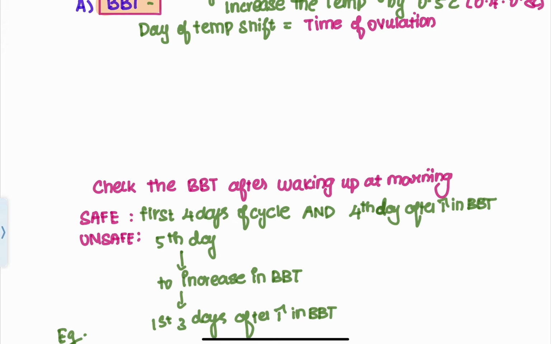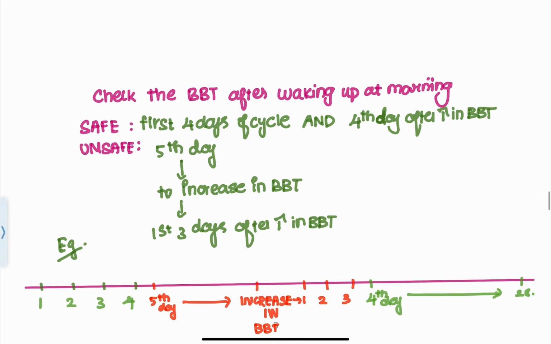And one particular day, when the temperature is going to shift by about 0.5 degrees Celsius, that day of the temperature shift is going to tell you the time of ovulation. Only if ovulation happens, the hormone progesterone can come into play. Only if progesterone is coming into play, then it is going to exhibit some thermogenic effect in the body and increase the basal body temperature.